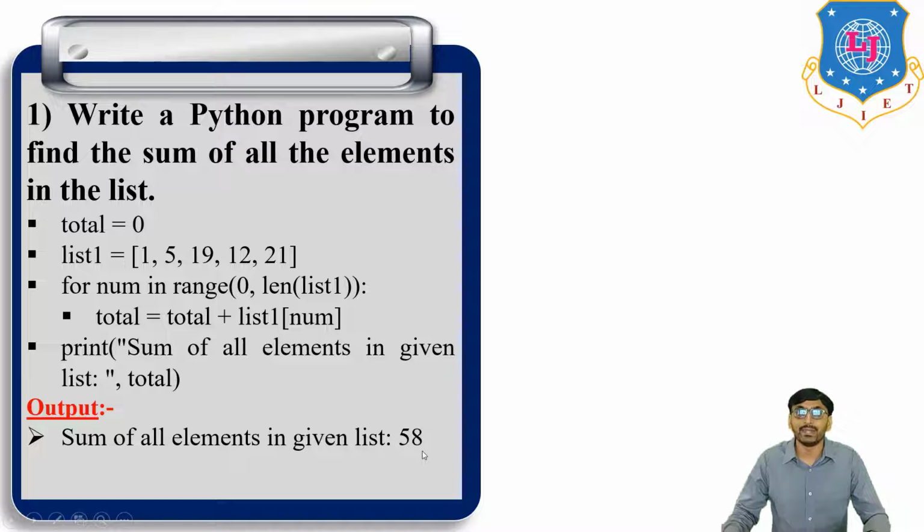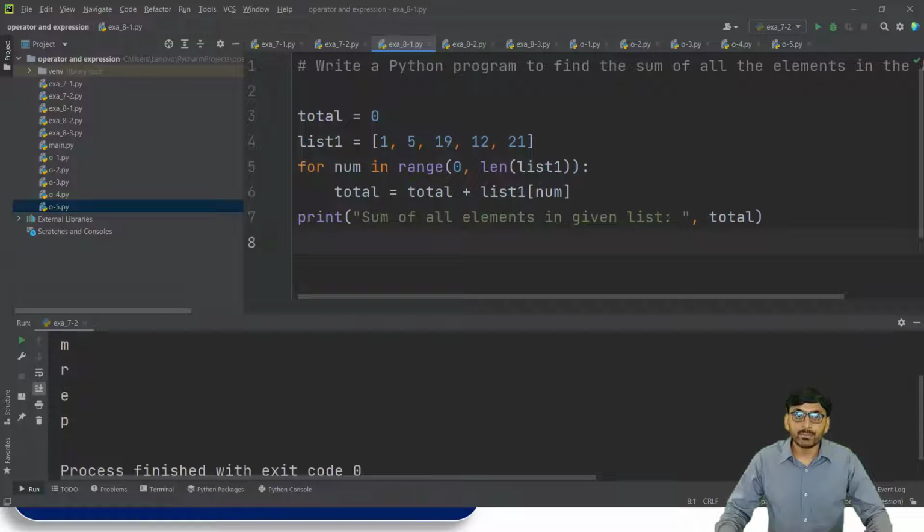That is 58. Okay. Now this same program we run in PyCharm. So the same program: total is equal to 0, list1 is equal to 1, 5, 19, 12, 21. Then for num in range 0 to length of list1, total is equal to total plus list1[num]. So this loop continues for all elements of list1.